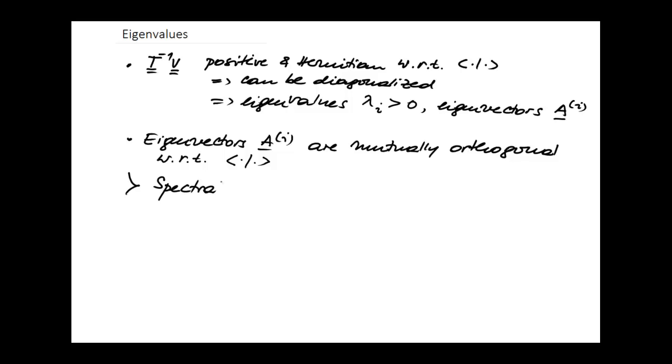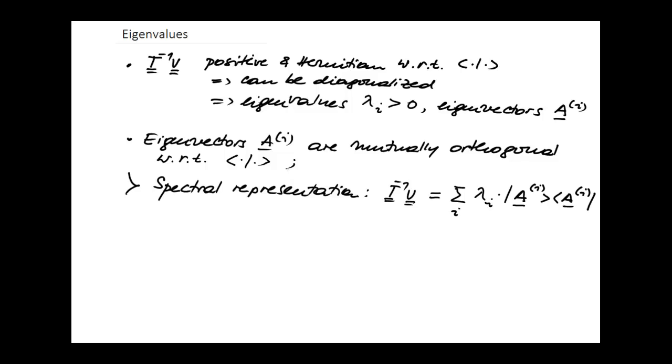What is meant by the spectral representation is that you can write the matrix in question as the sum over all I, eigenvalue lambda I, times a projector onto the associated eigenvector A I. And I should say, when you do that, then you presuppose that the eigenvectors are normalized.